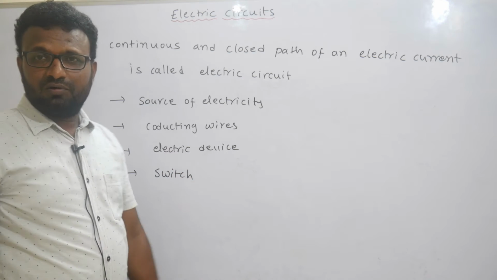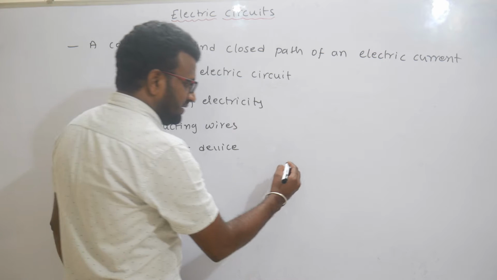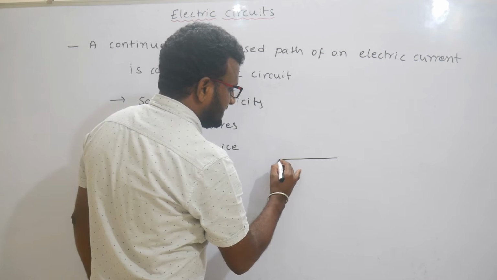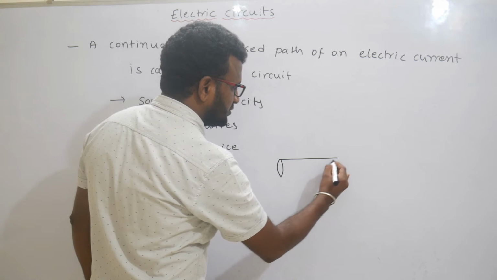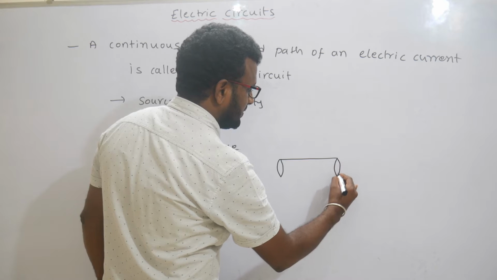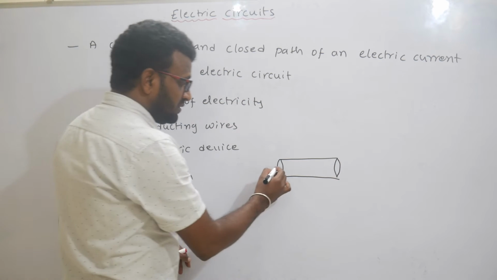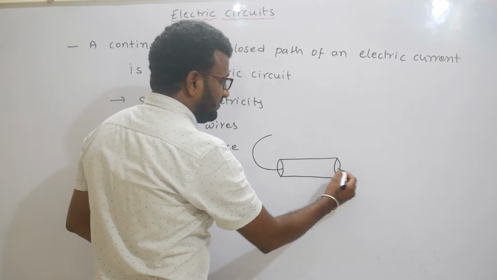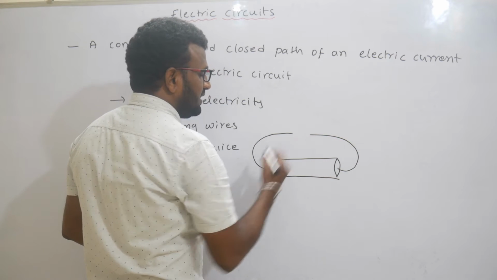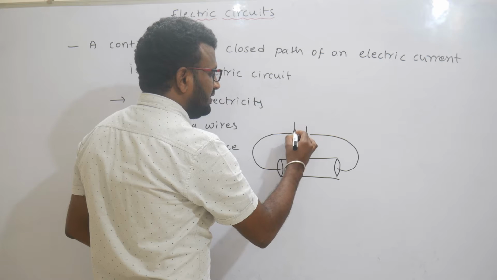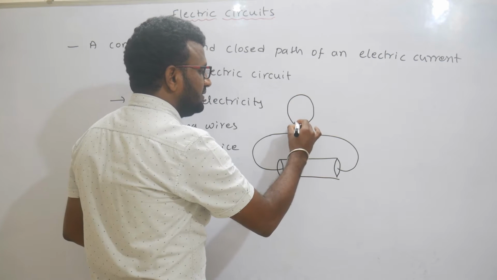So now I am going to make the electric circuit. See here, first, initially I am taking here a source of electricity, that is nothing but a cell. So I am going to attach the conducting wires to the cell, and I am taking here one electric bulb.